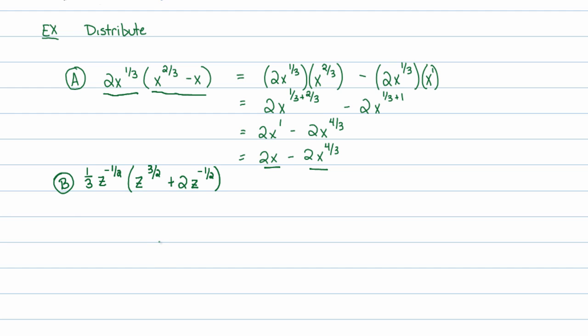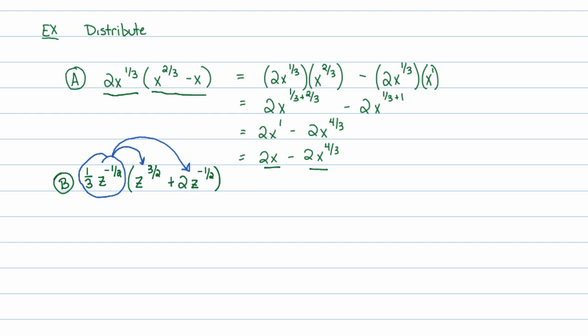So let's take a look at this next example. 1/3 z to the negative 1/2 times the quantity z to the 3/2 plus 2z to the negative 1/2. Again, I'm just being asked to distribute this, so I will. I'll take that expression out front and I'll distribute it to each of the terms here.